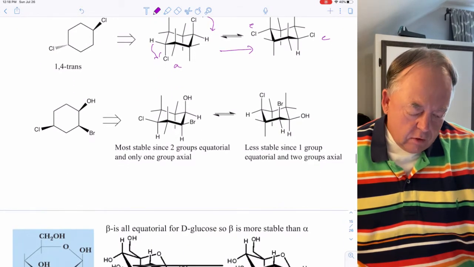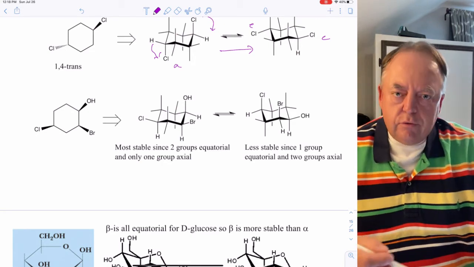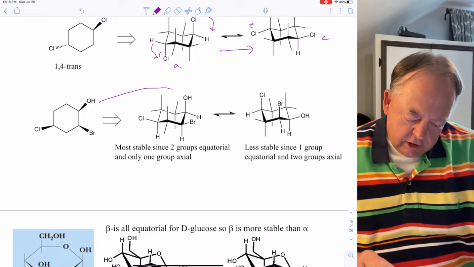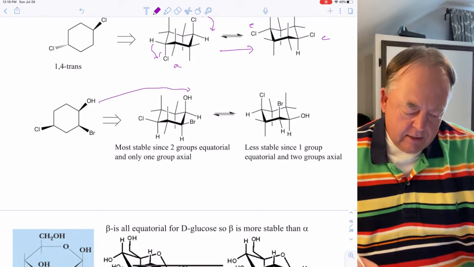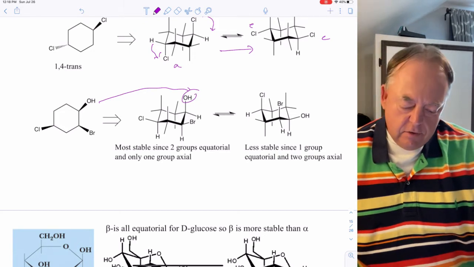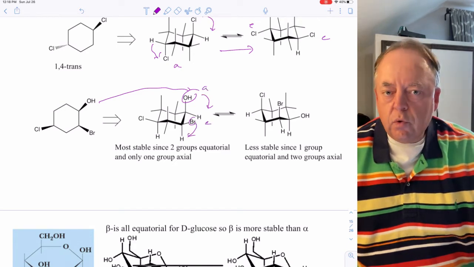So if we went to a more complex molecule, now you have 3 things on cyclohexane. They're all cis with respect to each other. So the way that I do this, let's just put the OH on first. And now if we put that here, that defines where everything else has to go. So if this is on top of hydrogen, then the bromine has to be on top of hydrogen. So if this is axial, this has to be equatorial there.